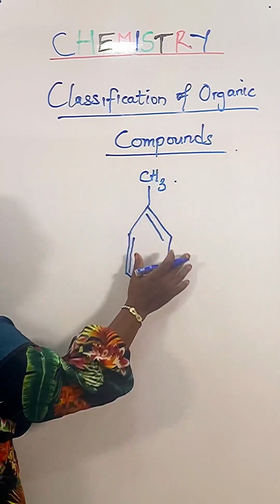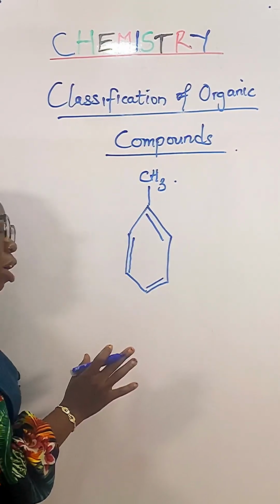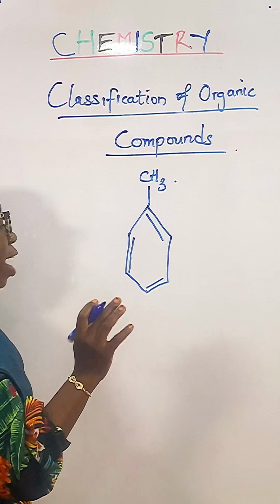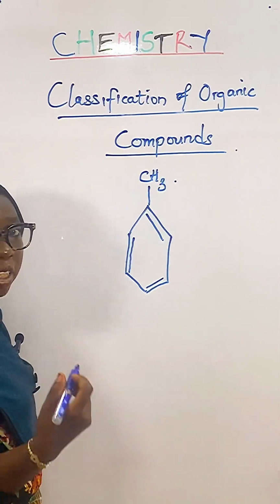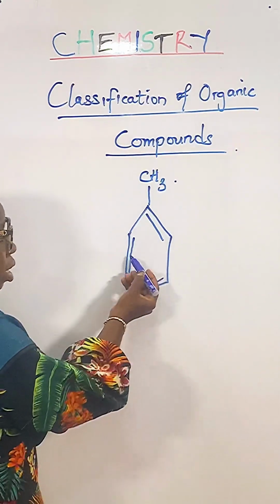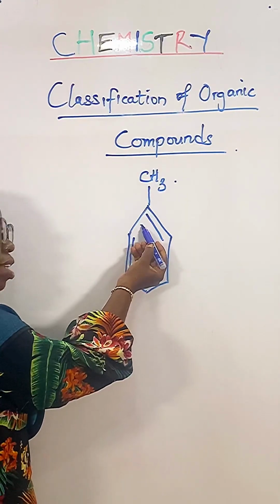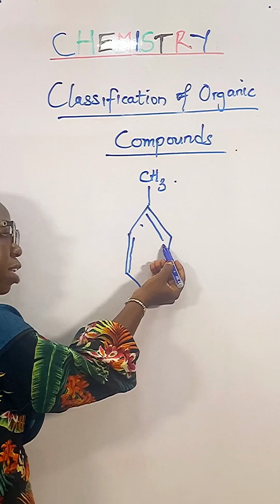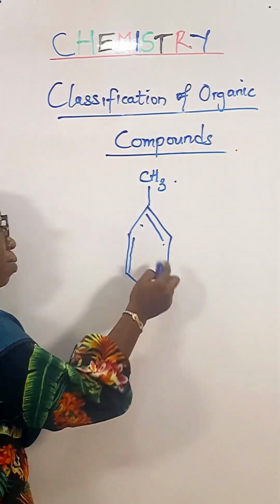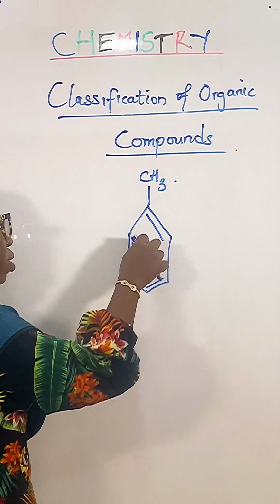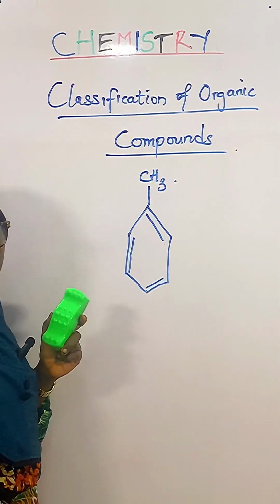When you look at this structure, it is a ring structure, that is number one. Then they have alternating single and double bonds. This is a double bond here. After the double bond, we have the single bond. After the single bond, another double bond. After the double bond, single. After single, double. So that is why we call them aromatic compounds.